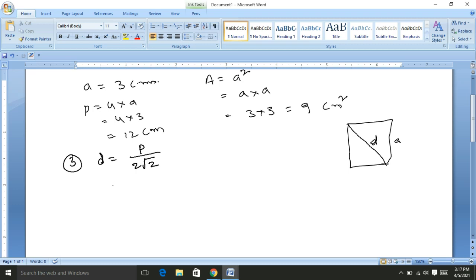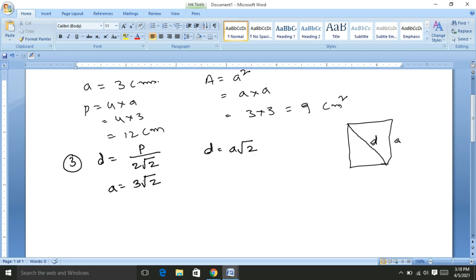Then we are going to be calculating the side a equal to 3 root 2 actually, because the relation between the diagonal is d equal to a root 2. So by using this formula, we are going to be calculating.